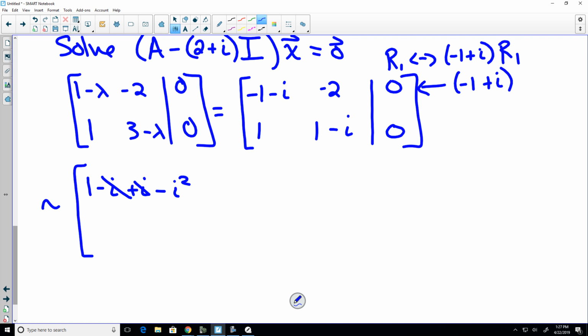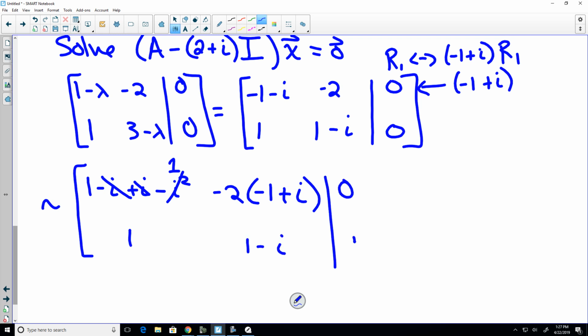So what is i squared? Negative 1. So negative 1 times negative 1 is positive 1. So this is positive 1. Okay, then we have negative 2 times negative 1 plus i. I don't care about multiplying that out yet.